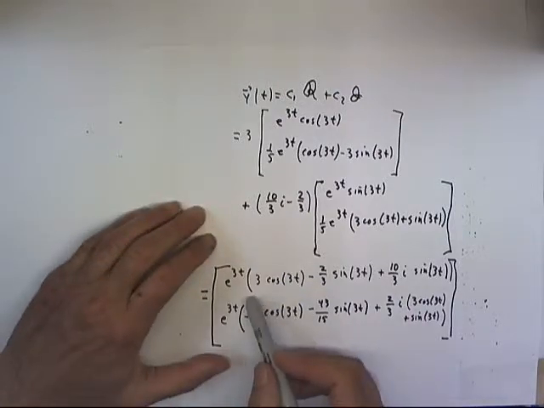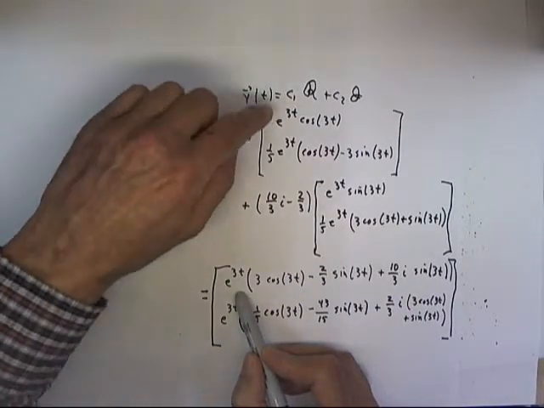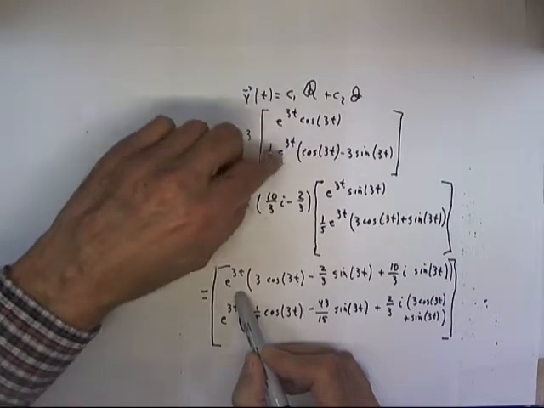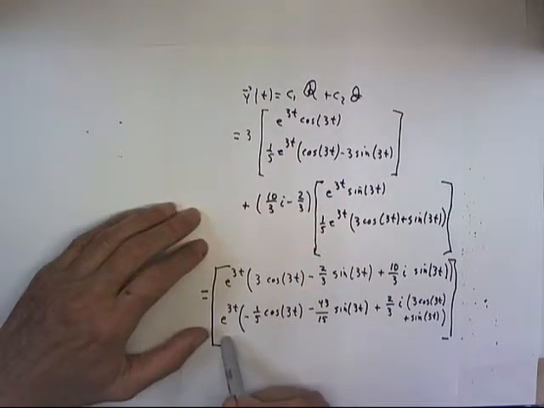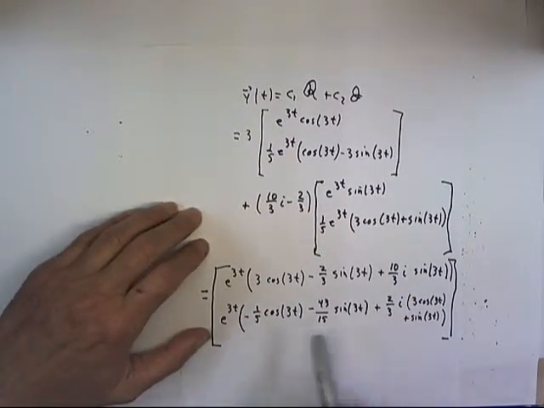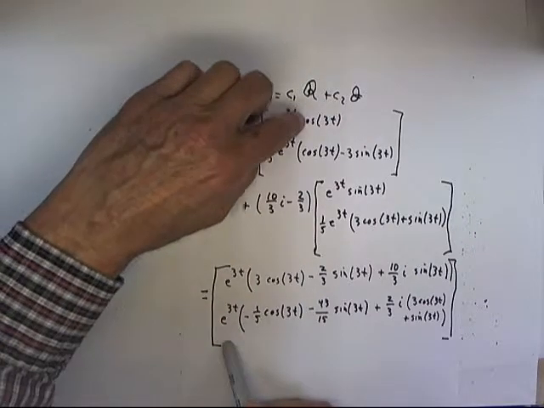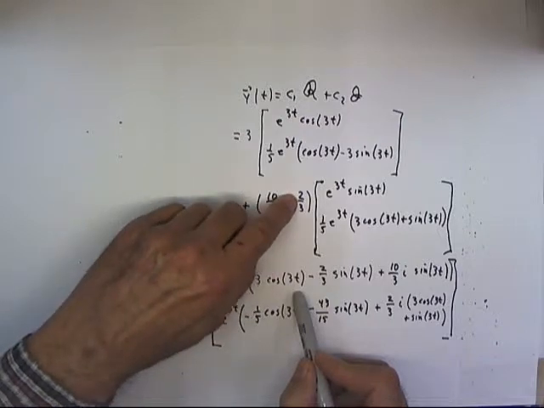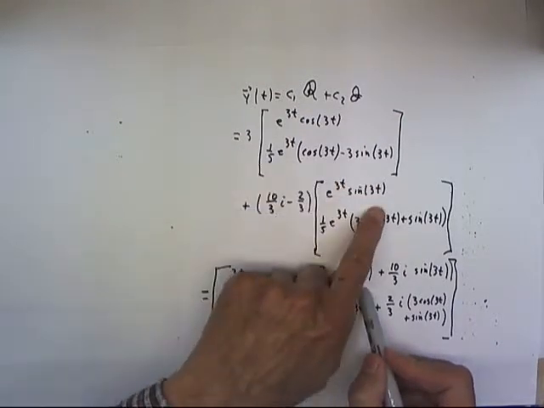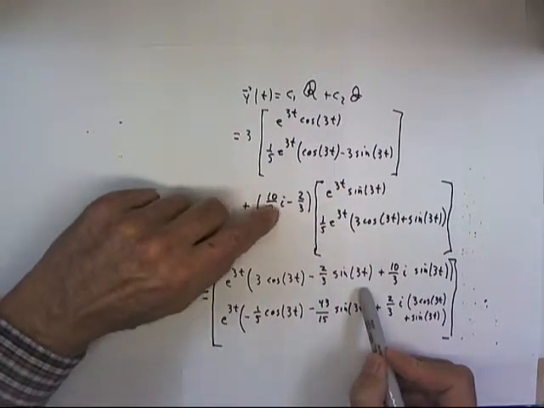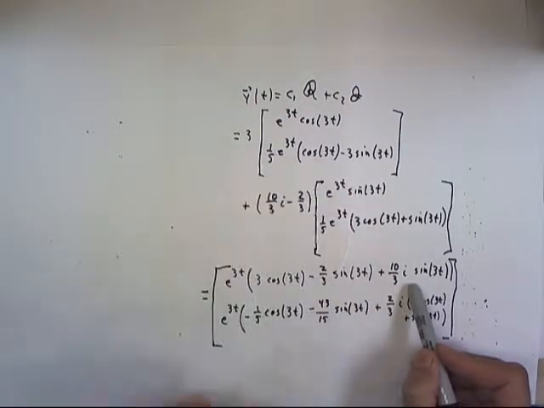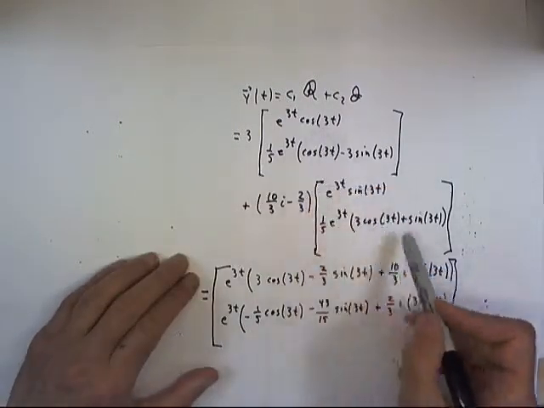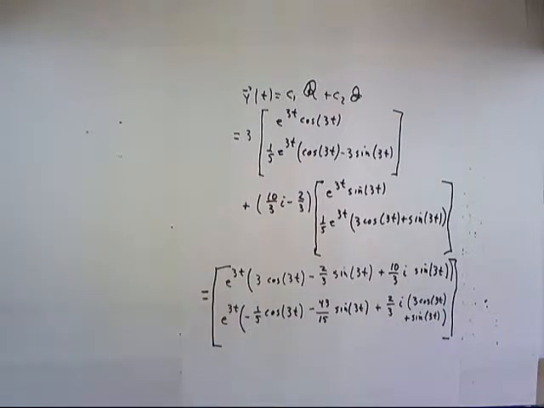Multiplying through by 3 here, we get 3. Every term has an e to the 3t, so I simply factor that out in every case. So we get 3 cosine of 3t, negative 2/3 sine of 3t, and then a 10/3 i times the sine of 3t. So our first component comes out in a very straightforward manner.